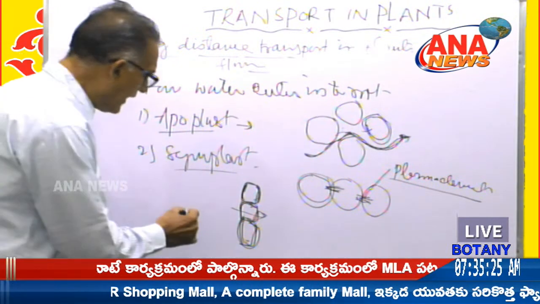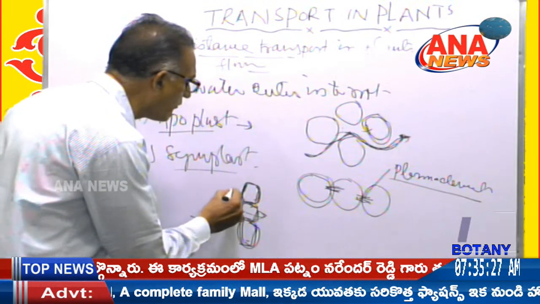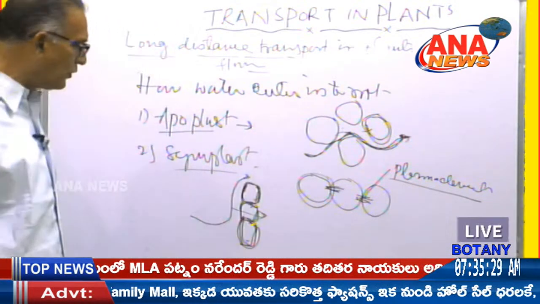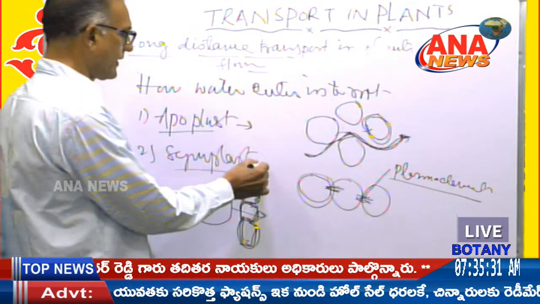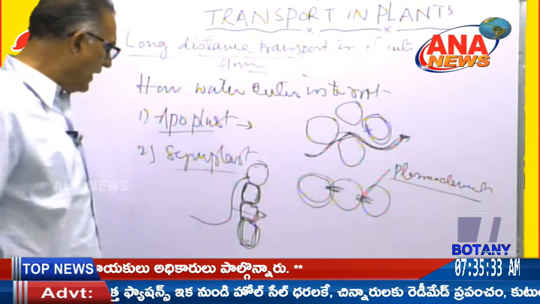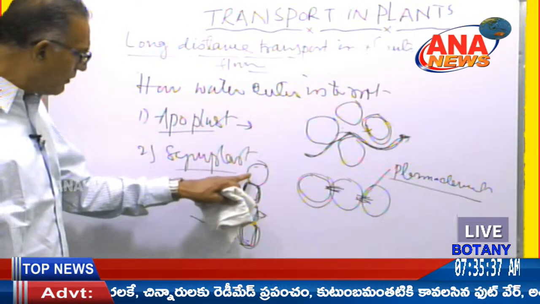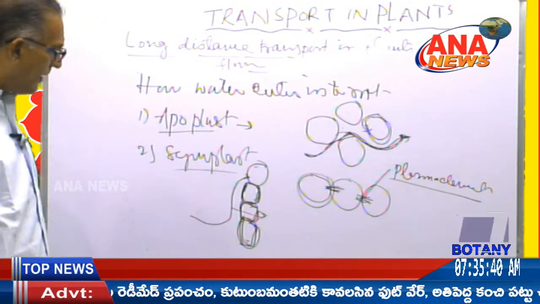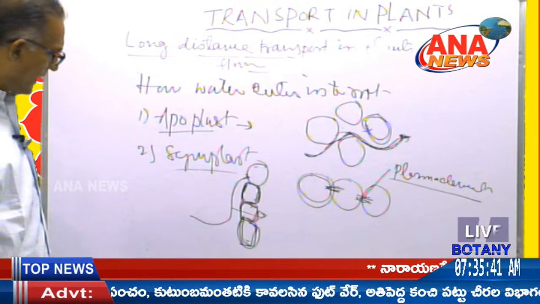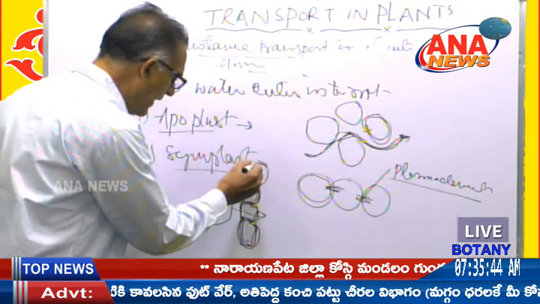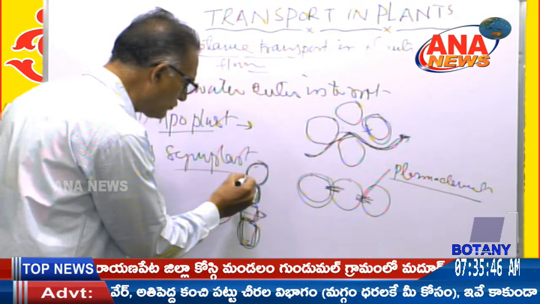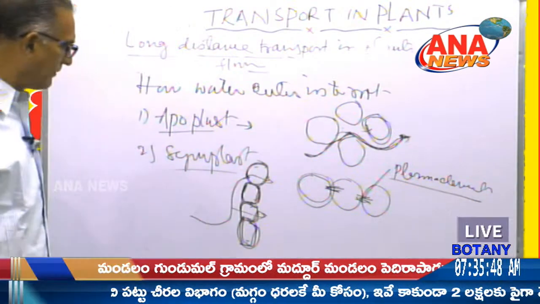So at the endodermis, the water is diverted to non-suberinized cells, that is the passage cells. Through the passage cells, the water passes through the cells by symplast.